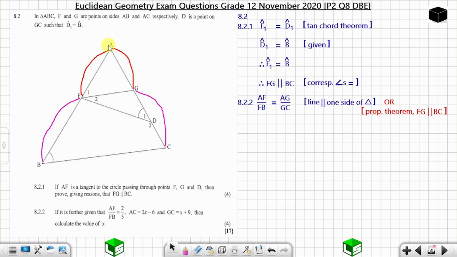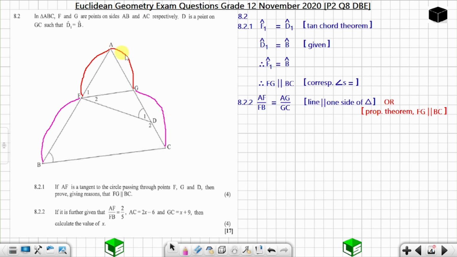We have GC, which is equal to x plus 9, and we have AC, which is equal to 2x minus 6. So we need AG. We have GC and we have AC.